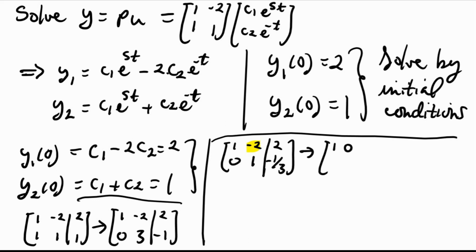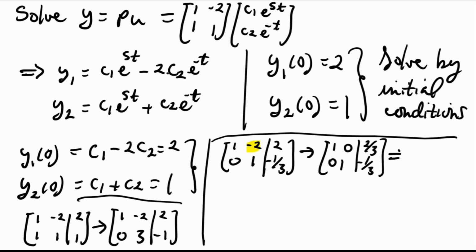So this is 1 and 0. This is 0, 1. We get negative 1/3. So to do that, we said 2 times row 2 plus row 1, so that's negative 2/3 plus 2, so this gives us 2/3. And then we erase this to make it seem like we did all the math in our head, right?